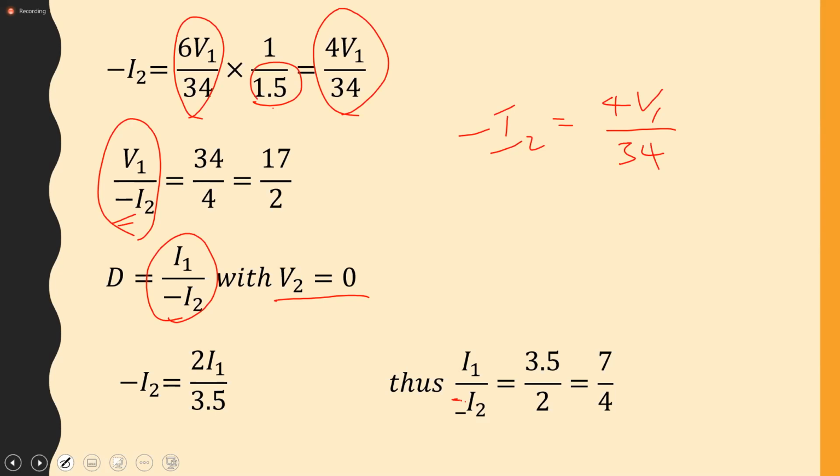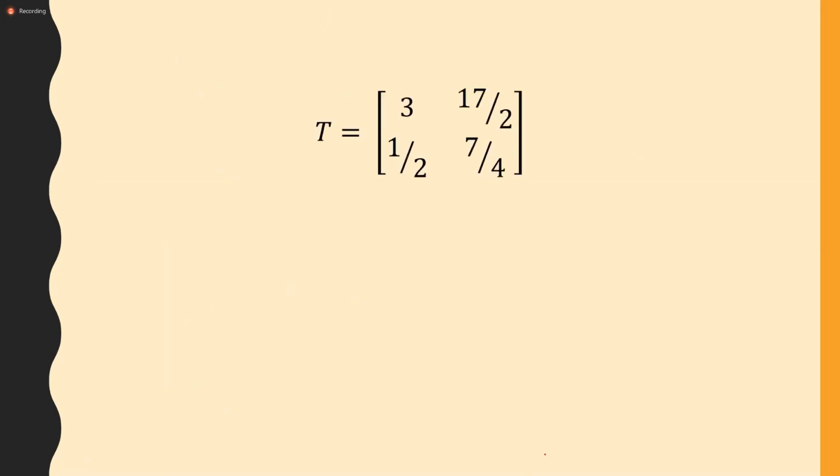And so our final matrix will be A, 3; B, 17 over 2; C, a half; and D, 7 over 4.